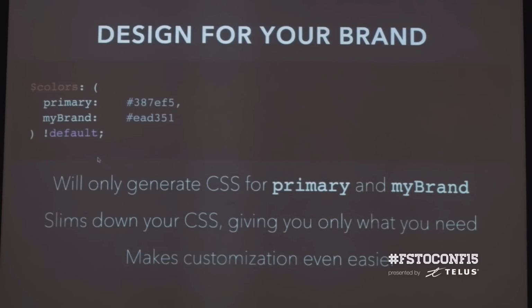Every component in my CSS style sheet will only contain the primary colors and my brand colors. It has an added benefit of slimming down your CSS a little bit, but it makes going over things and expanding it and fine-tuning all those styles super easy to do.